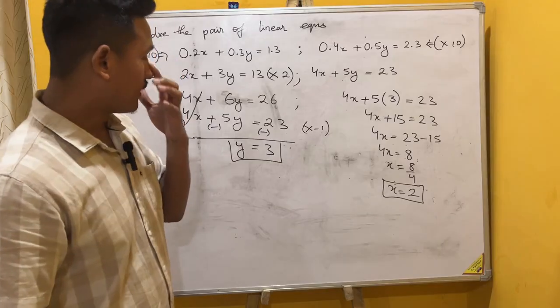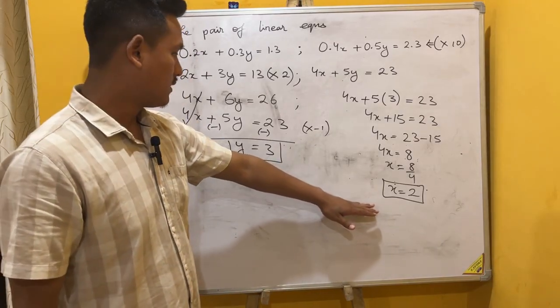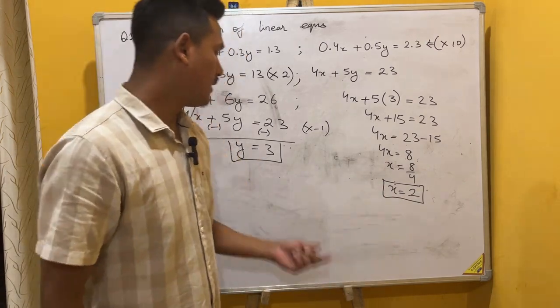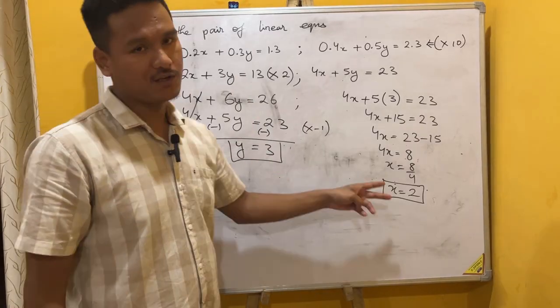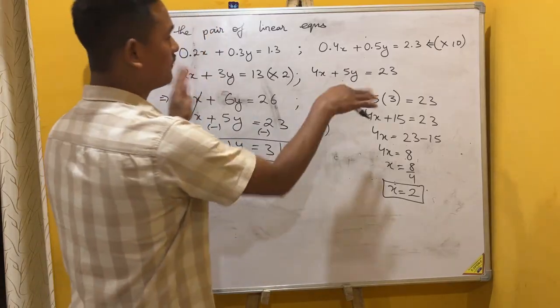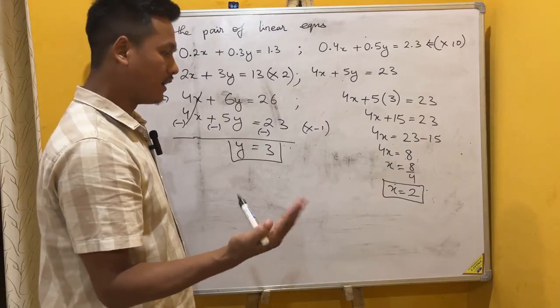Now if you want to know whether your solution is correct or not, I would rather suggest you to always check your answers by substituting these values in one of the equations. If left hand side equals right hand side, then it's correct.